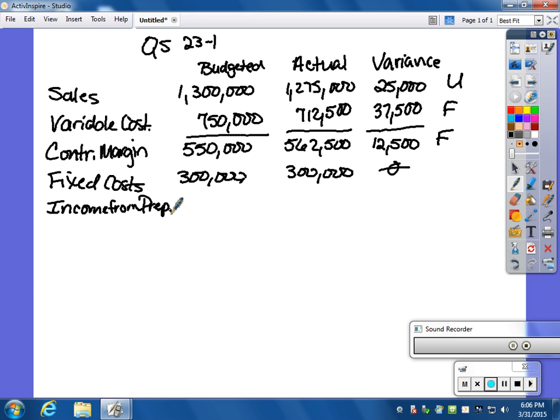So what is the difference between the contribution margin and fixed costs? 250,000. What about for actual? Variance, favorable or unfavorable? These are favorable. Actual is higher than budgeted.